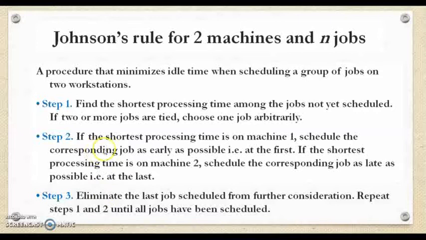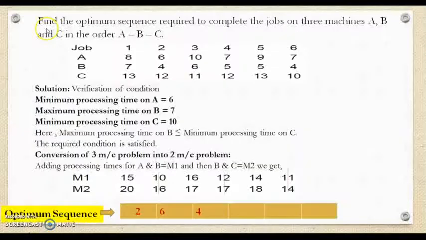So let us move to the problem of making the sequence of n jobs on 3 machines. Let us find the optimum sequence required to complete the jobs on 3 machines, A, B and C, in the order A, B, C. That means this order is fixed. First the job will be processed on machine A, then on B and at last on C. In this table, the processing times for each job on each of the machines are given.